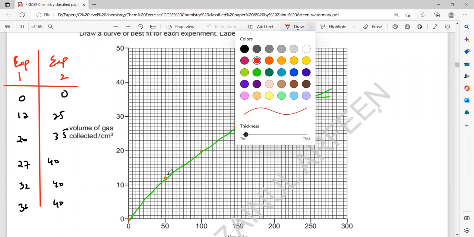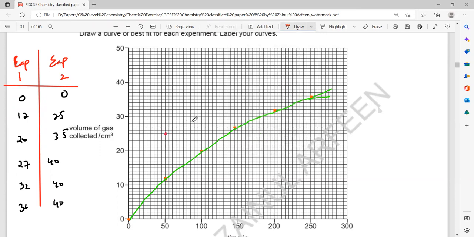So this was 25, 50, and 25. So this will be 2, 3, 4, 5. So 25. And you have to label, I will mention how to label. 100 is 35. So this was 100.